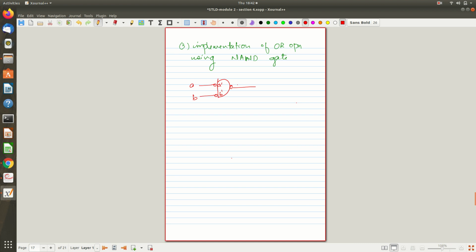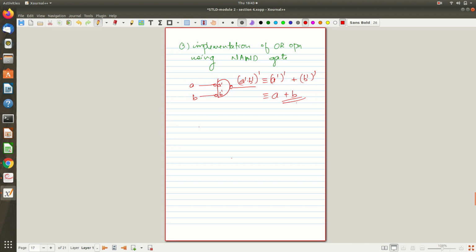So the NAND gate is going to give you the NAND of this, that is A complement dot B complement, the whole complement, as the output. And this is nothing but, by De Morgan's law, A complement the whole complement, and this dot becomes plus, and B complement the whole complement, and that is nothing but A plus B. So this is how easily you can implement the OR gate using the NAND gate only, but with both inputs inverted.